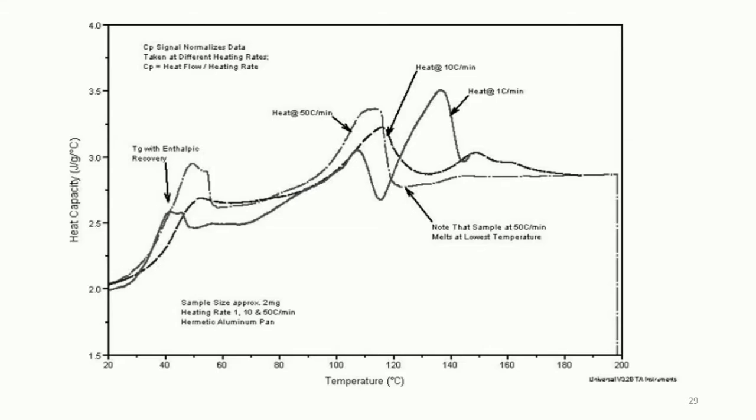So, 50 degrees Celsius per minute is a quite reasonable heating rate for the successful identification of polymorphs in this crystalline compound.